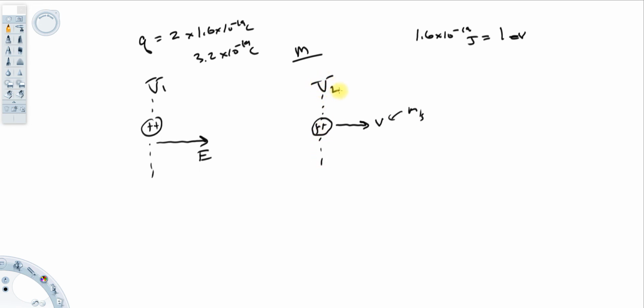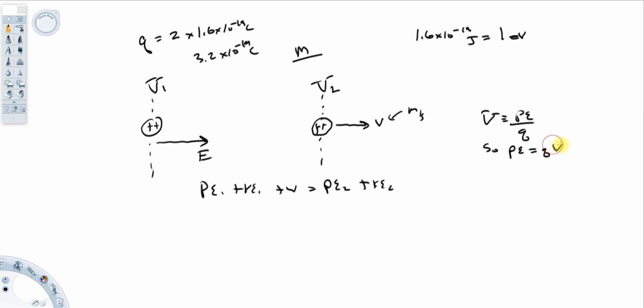And if we write out the work energy theorem, PE1 plus KE1 plus work equals PE2 plus KE2. And remember, electric potential is defined as potential energy per unit charge. So your potential energy terms are equal to charge times potential.